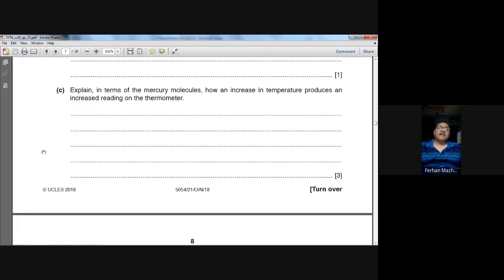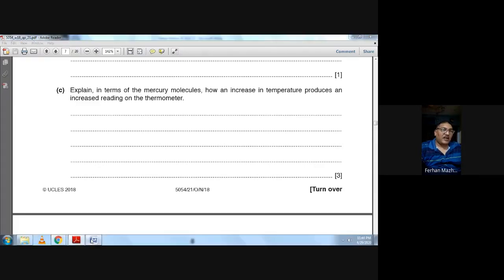And when the mercury is in the bulb of the thermometer and starts expanding, there is no other way for the expanded mercury to go but only the bore of the thermometer. So as the temperature rises, the mercury expands, and the length of the mercury in the capillary of the thermometer becomes larger and larger. It's a 3-mark question.